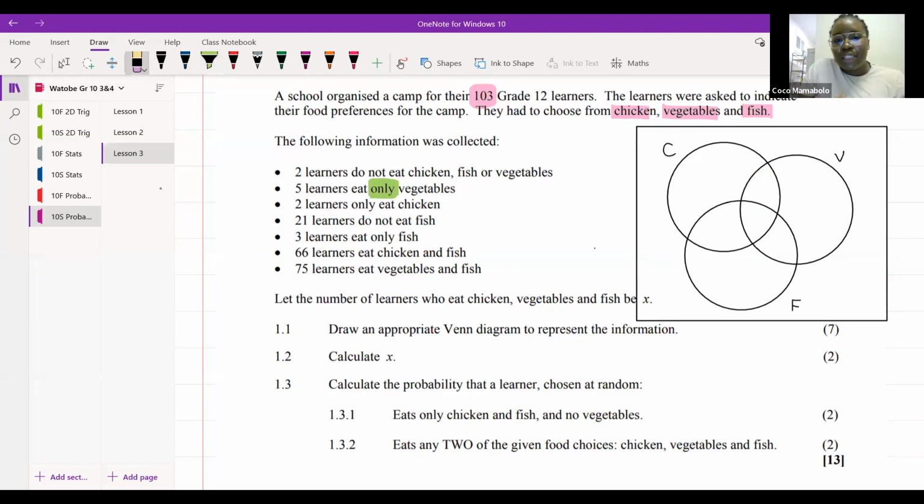Then they say to us, 3 learners eat only fish. That means that goes in fish only. It cannot be part of the intersection. Only when they start saying things like 66 learners eat chicken and fish, and that and then starts telling us we're looking for the intersection.